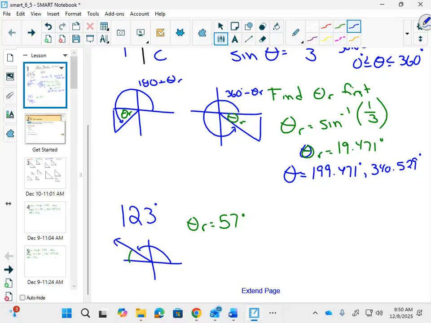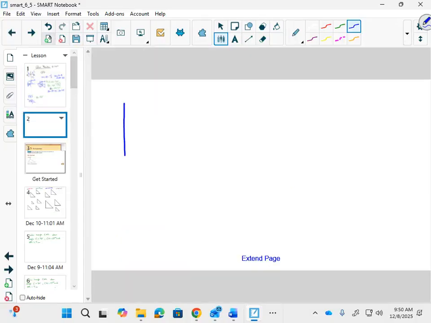Special triangles, 30, 60, 45. Yes, special triangles. Do you know your values without a calculator? Here's a special triangle for 45. If they're 45, these sides are the same. You can pick any number you want. If you use 1, you'll get 1, 1, and root 2.